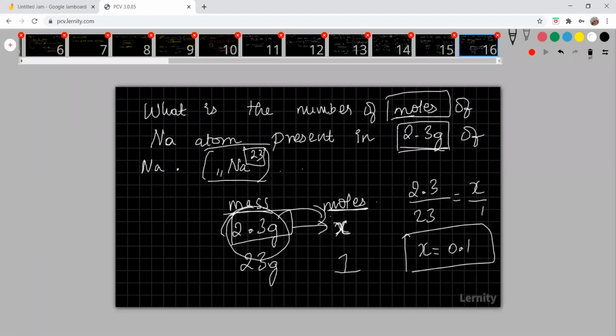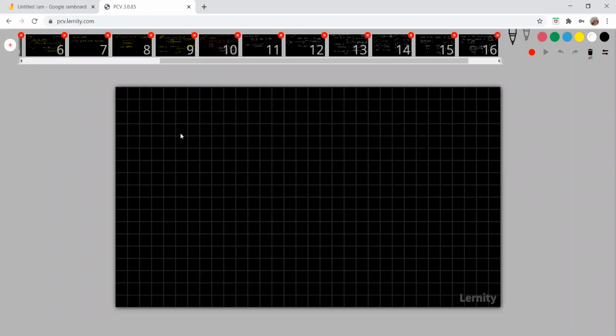Right. It is similar to finding the mass of 1 dozen. For example, I am telling you one apple weighs 100 grams.